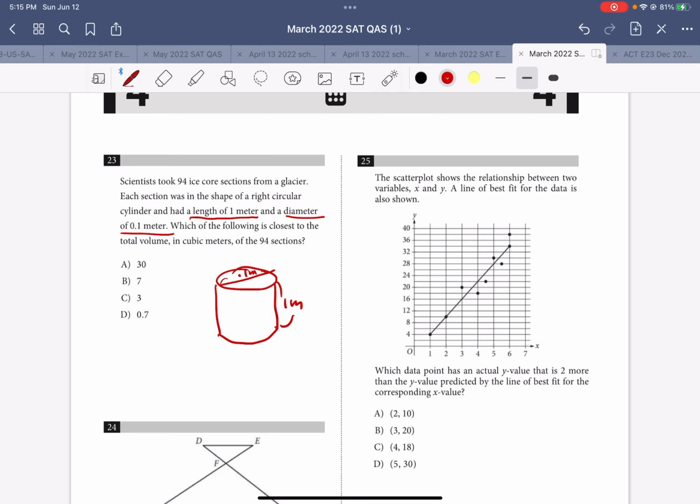Which of the following is closest to the total volume of the 94 sections?